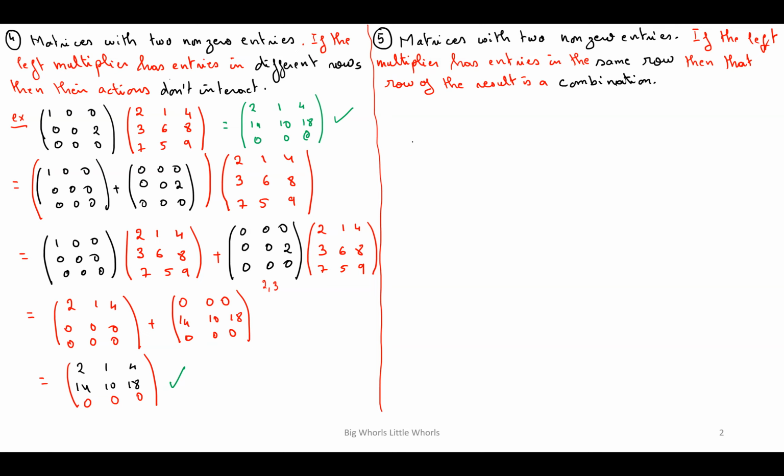So let's have this time our left multiplier as 1 0 0, sorry, 1 0 and 2.